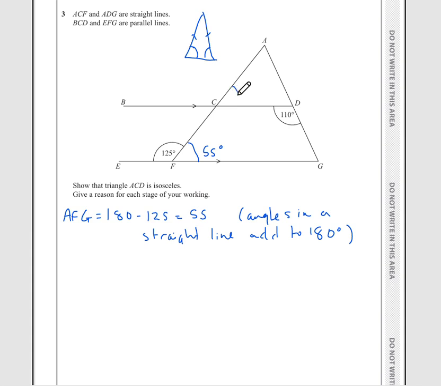If I next look at this angle, I've got angles in parallel lines here. These two are related, they're corresponding angles. So let's write that down. Angle ACD is equal to angle AFG, and they are corresponding.